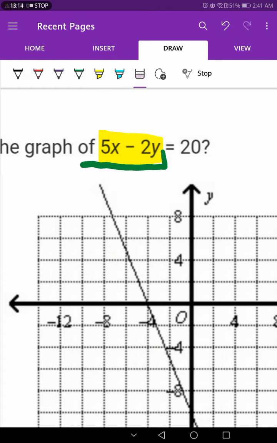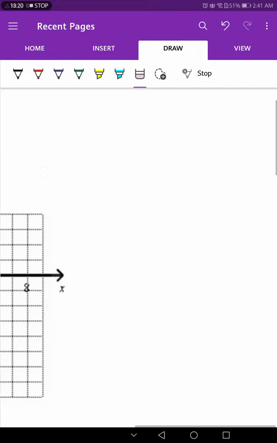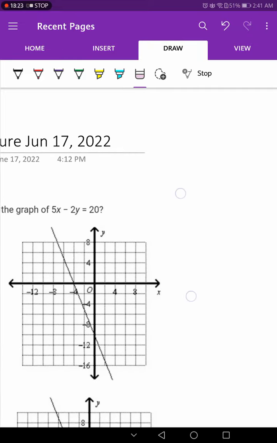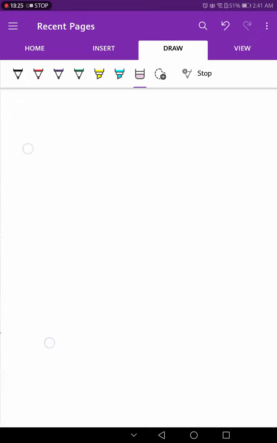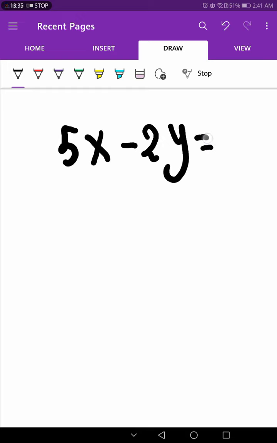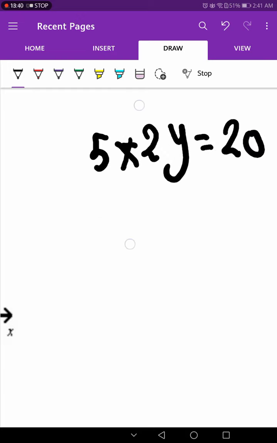Okay, teacher, so what do I have to do here? Okay, you have to find two things, my dear student. I will write here the equation. 5x minus 2y equals 20. Is that correct?